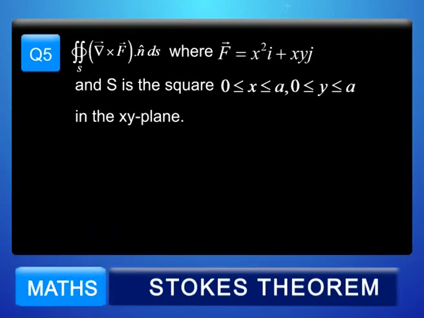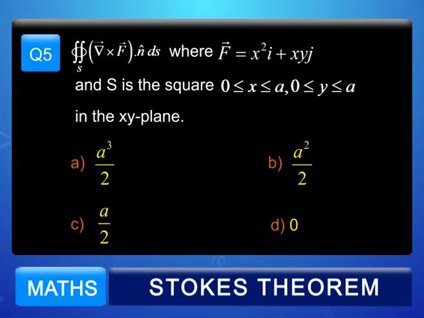Question number 5. What is the output of surface integral del cross f dot n cap ds, where the field f is equal to x square i plus xy j and S is the square bounded by 0 less than or equal to x less than or equal to a, 0 less than or equal to y less than or equal to a in the xy plane.